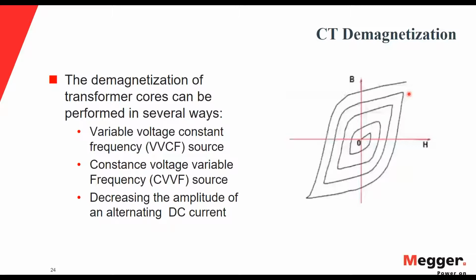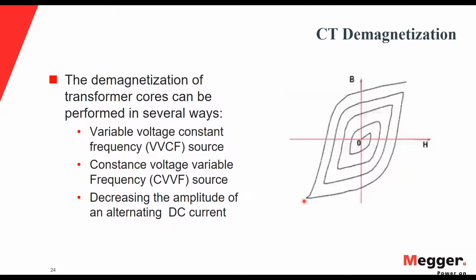There are different methods to do this CT demagnetization. Usually, some people use variable voltages at constant frequency, or they increase and decrease the DC alternating currents. So they inject a DC to fully saturate in one direction, then inject a DC to partially saturate in the other direction, and so on and so forth to achieve that small remnant. They start at this place, and then they inject a DC current in the opposite direction.